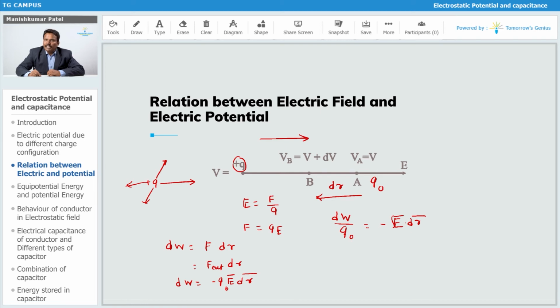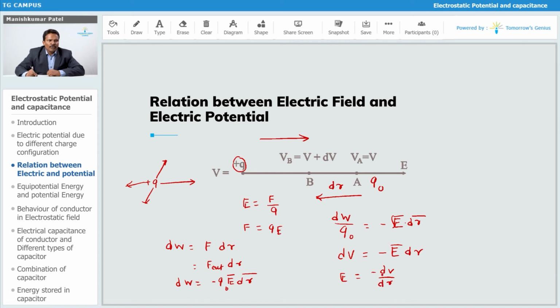Again, that potential, we are saying, is work done per unit charge. Since this work done is very small, the change in potential is also very small, which is nothing but dV. So dV is equal to minus E bar dot dr bar. So in short, you can write this as E is equal to minus dV by dr.